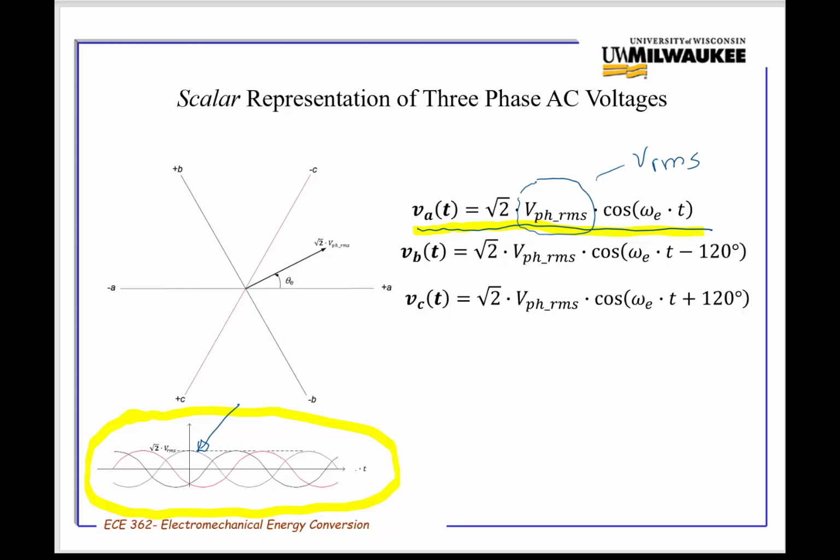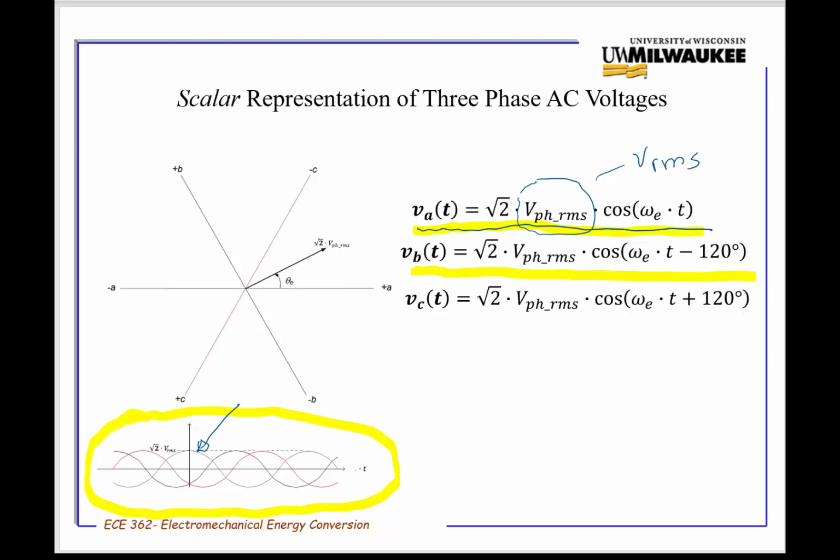Now what you could do, in the same way that we showed with a voltage and a current, and we were able to displace the current from the voltage by an angle, we can do the same with another voltage. So we could say I've got another voltage. We're going to call this VB. So we have a voltage, the first one, which we were calling V alpha before, I'm calling VA.